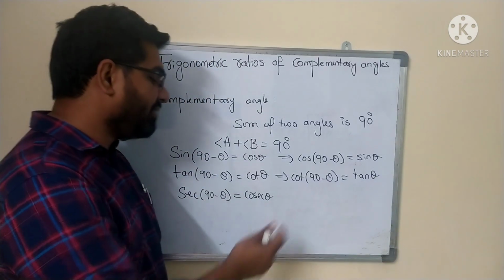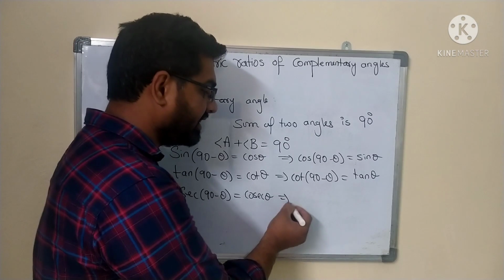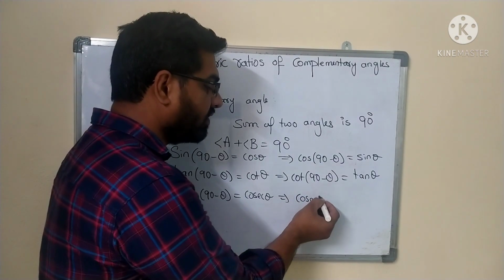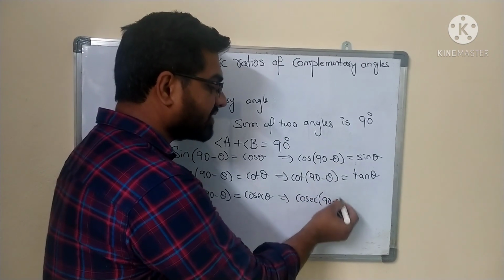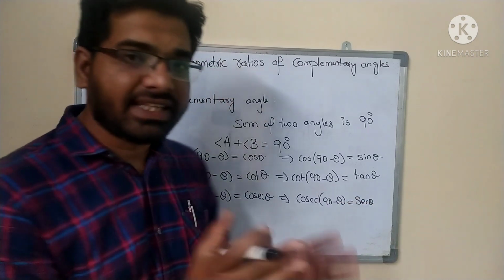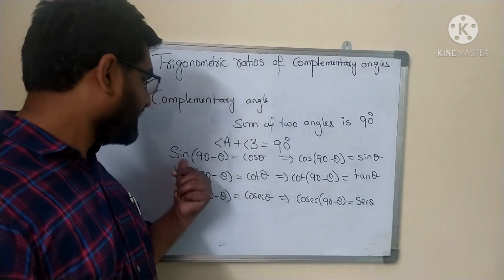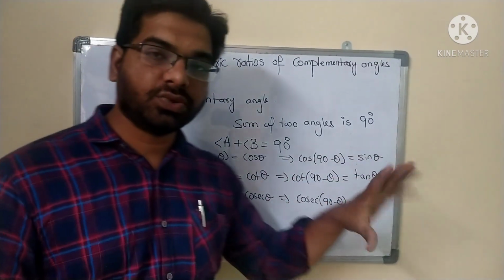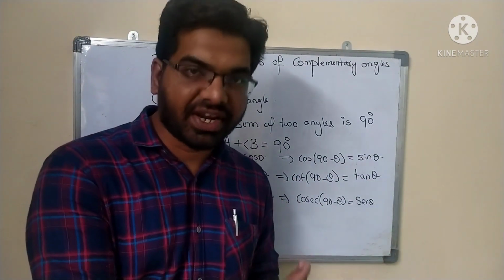And secant of 90 minus theta is equal to cosecant theta. Then cosecant of 90 minus theta becomes secant theta.